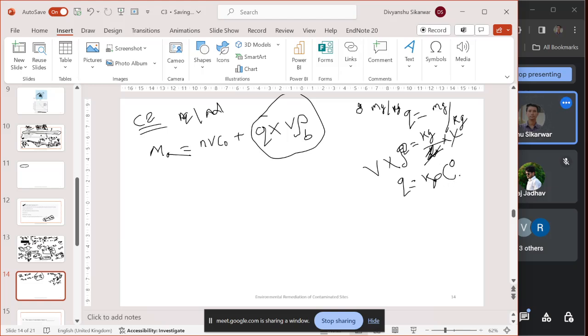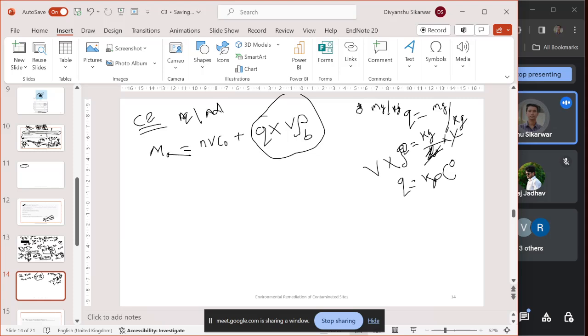C naught is the concentration of contaminant present in aqueous form in the groundwater, and Kp is the partition coefficient. Based on that interface, there is a concentration in water. Some of the contaminant gets adsorbed on the soil, or it moves in the reverse direction.